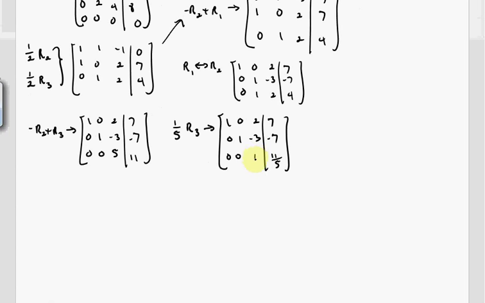So now we're going to take the 1 at A33 and get zeros above it. So negative 2 row 3 plus row 1, and then 3 times row 3 plus row 2. Well, it gives us what we're looking for here, and then the work is on the other side.